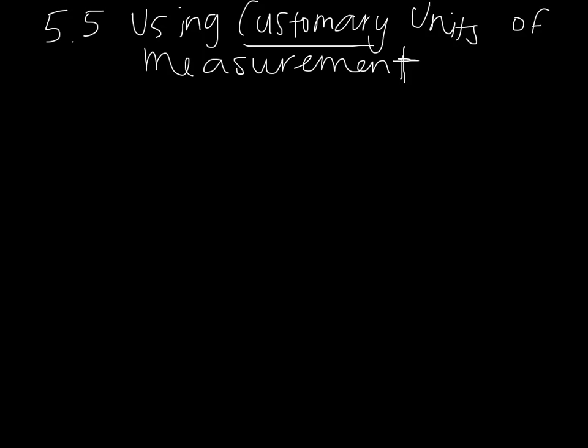So first off, we're going to talk about length. So when we ask you, how tall are you? You'd say 5 foot, 3 inches, or whatever it is. Okay, so we have inches. We have a foot, a yard, and a mile.